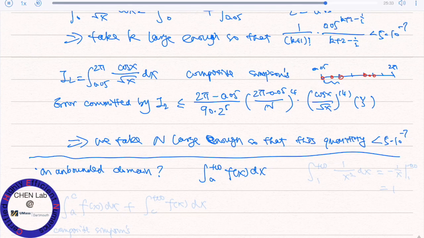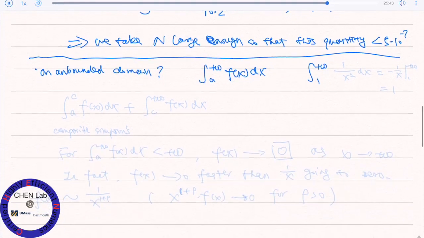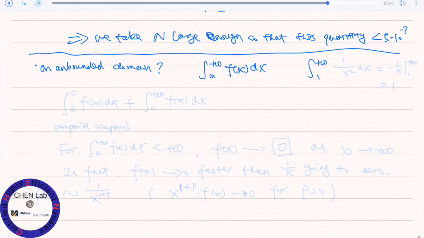So what would be a good example? It's the unbounded domain, but it's still integrable. So what would you say if you want to integrate from 1 to infinity of 1 over x? Is that integrable?